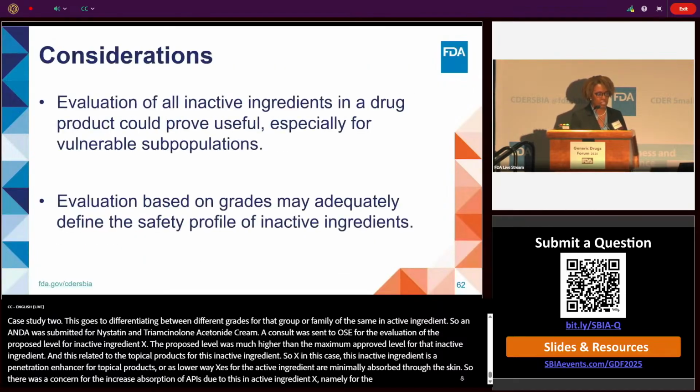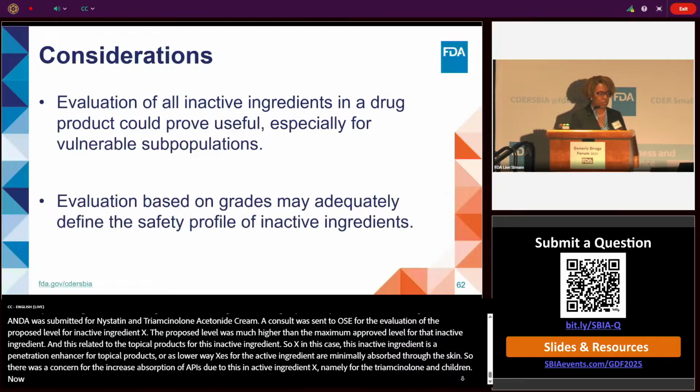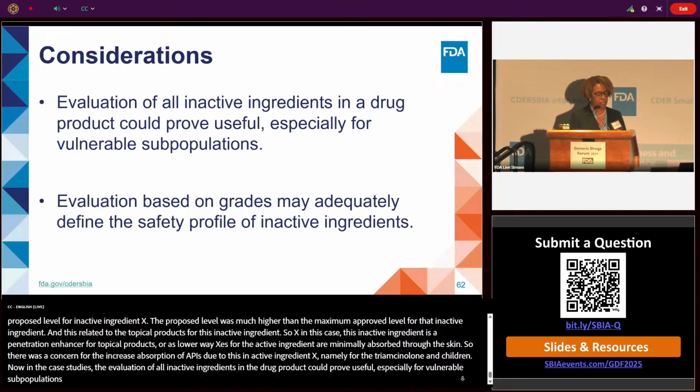So considerations, especially based on prior cases that we have seen and some that I've just mentioned in the case studies. Evaluation of all inactive ingredients in a drug product could prove useful, especially for vulnerable subpopulations. So the pediatric population, maybe a certain patient population.